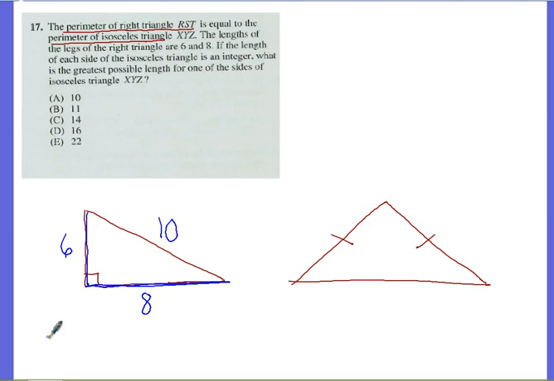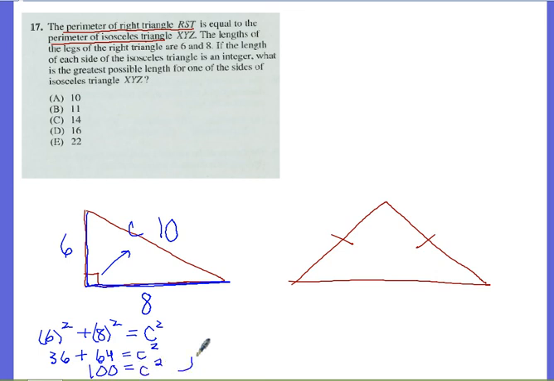If you don't know that, then you would do 6 squared plus 8 squared is equal to c squared, and this side here being c because it's the hypotenuse across from the right angle. Alright, and we get 6 squared is 36, plus 64, equals c squared, 100 is equal to c squared, therefore c is equal to the square root of 100.